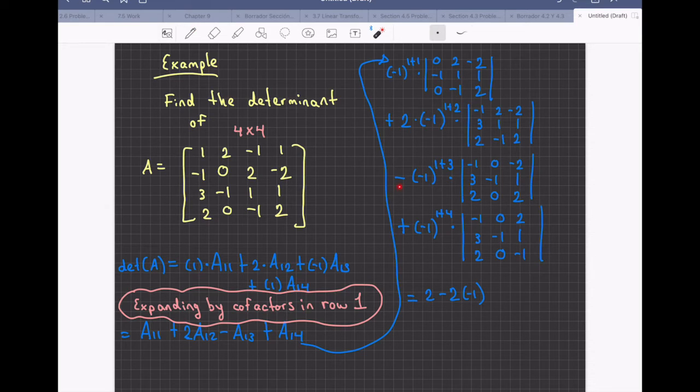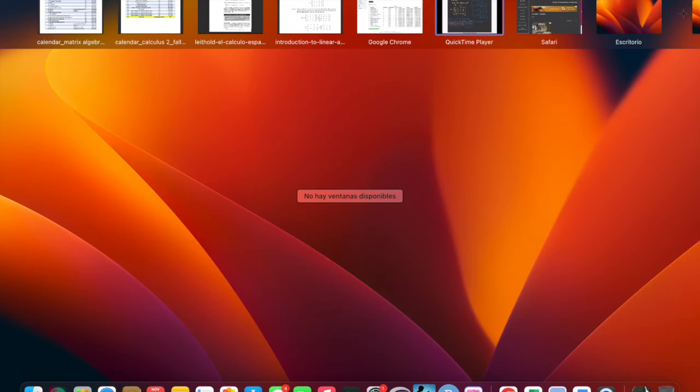And then minus, notice, negative 1 raised to the 1 plus 3 is negative 1 raised to the 4, so it's going to be 1, so minus the determinant. Let's compute it.